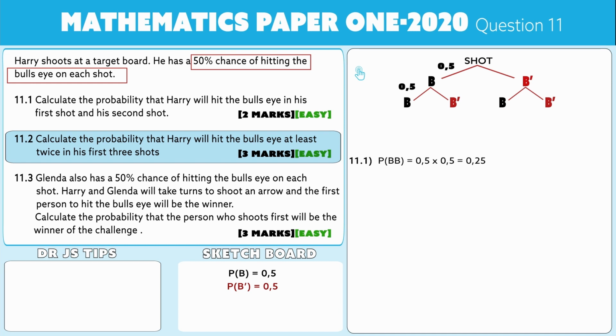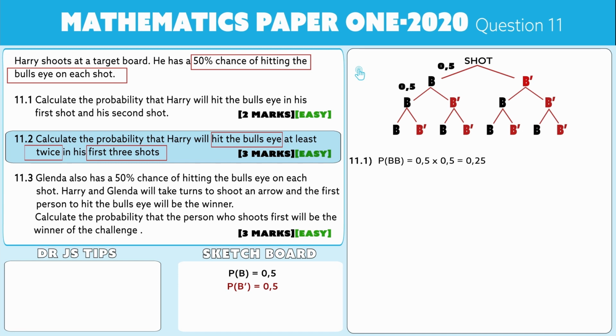There's a lot of information given to us there. So now if we build our tree out even more, he has 3 shots that he is firing. So he either hits a bull or the complement, here he hits the bull or the complement, and here will be a bull or a not bull.